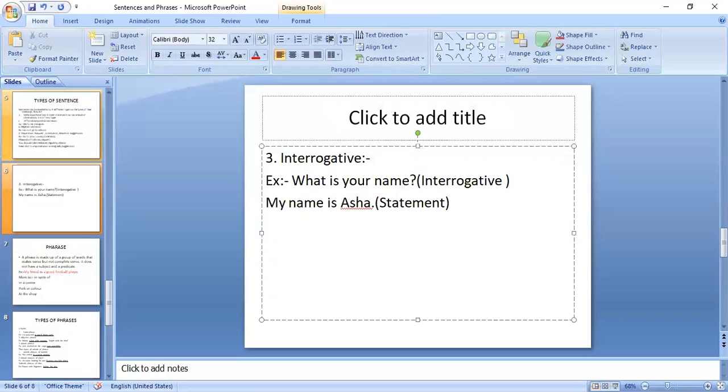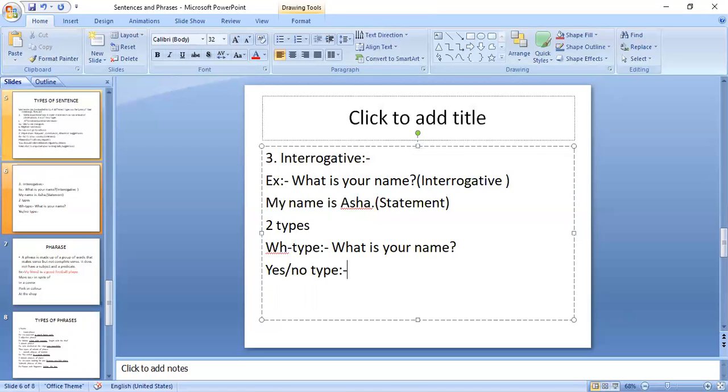Then this interrogative sentence is of two types. What are they? That is WH type and another one is yes or no. The WH type question example I have given here. What is your name? This is an example of a WH type question.